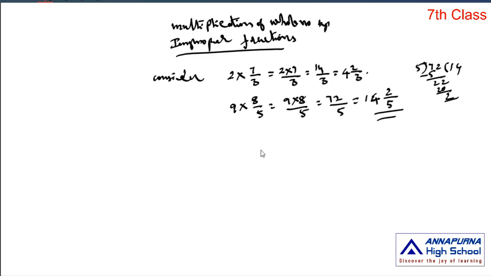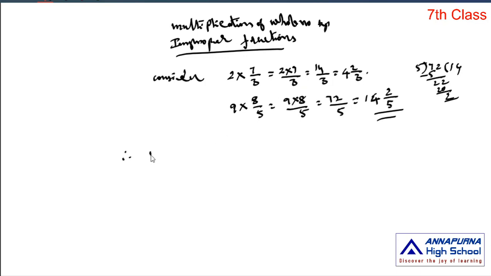So to multiply a whole number with a proper fraction or an improper fraction, you just multiply the whole number with the numerator of the fraction, keeping the denominator the same.